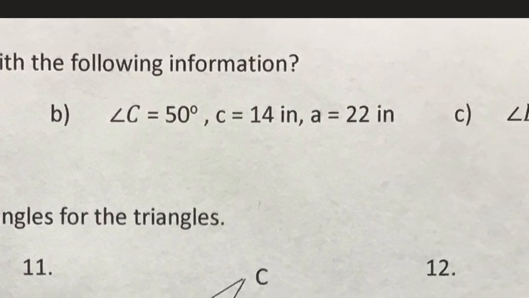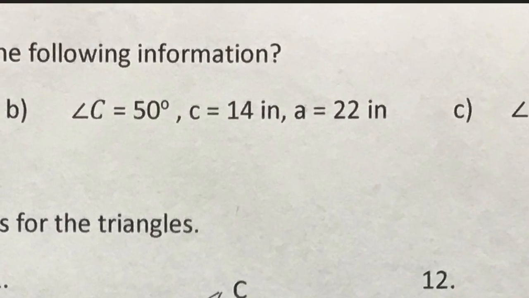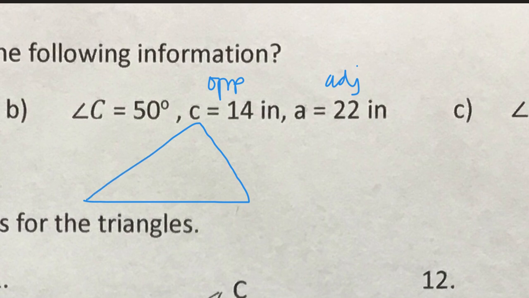Okay, part B, here we have a 50-degree angle, right? C is the opposite side and 12 is the adjacent side. So 50 degrees, that's angle C. Side C is 14, side A is 22, so we can find angle A. Once again, the opposite side is smaller than the adjacent, so we need to calculate the height.